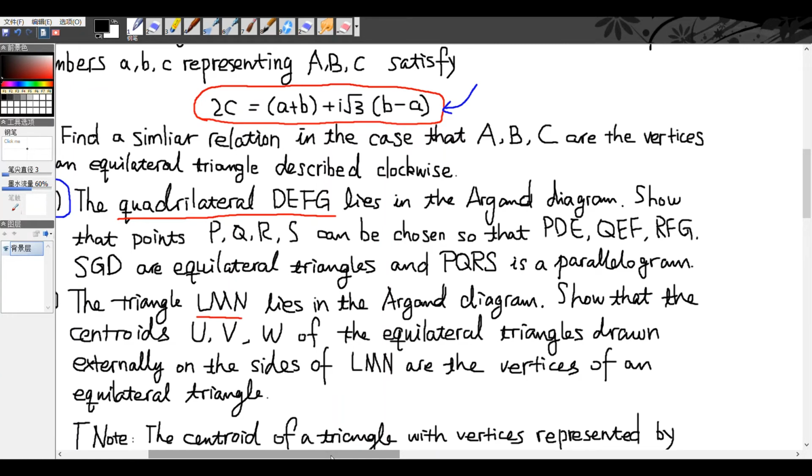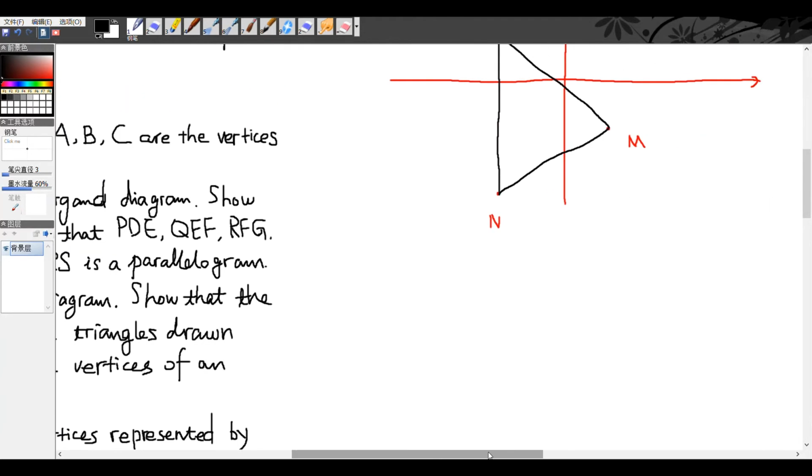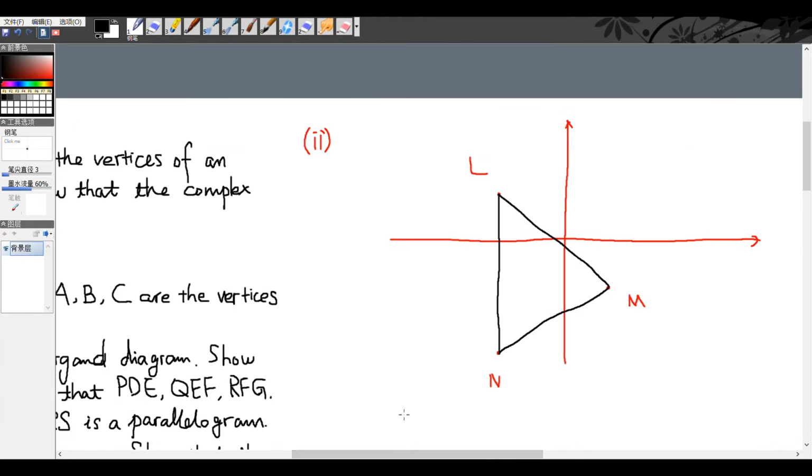we choose UVW. UVW of the equilateral triangles drawn externally. So we have to draw three equilateral triangles, by using the sides of triangle LMN. So for LM, we have our equilateral triangle like this.